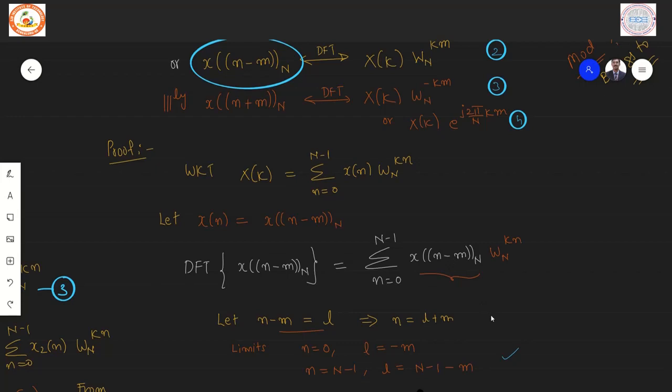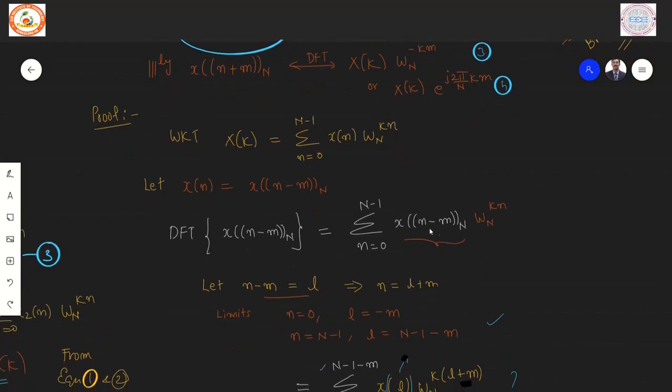Now to perform simplification, we take that n minus m and replace it with L, and that changes the value of n to be L plus m. We compute the limits also. We calculate the value of the new limit L by substituting the value of the old limit and solving the equation.